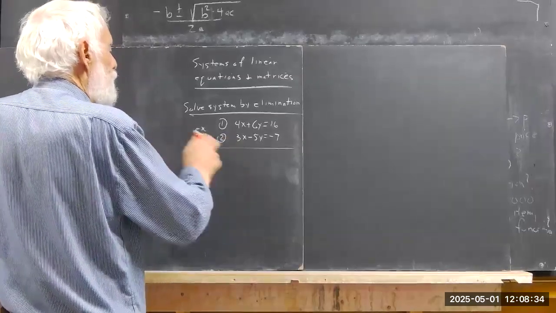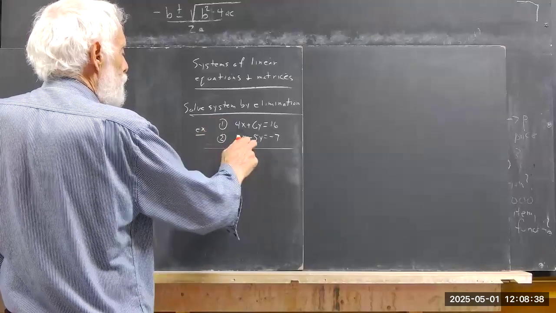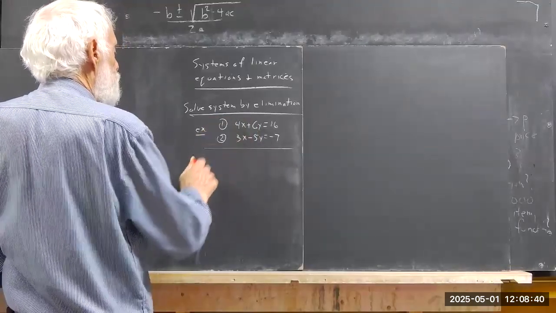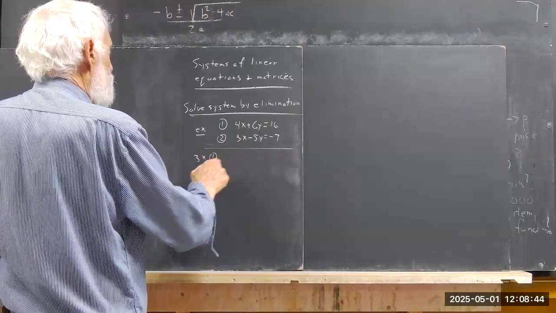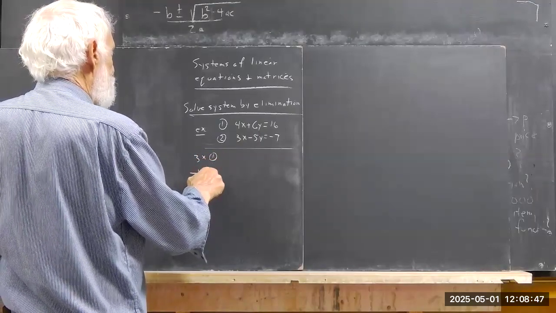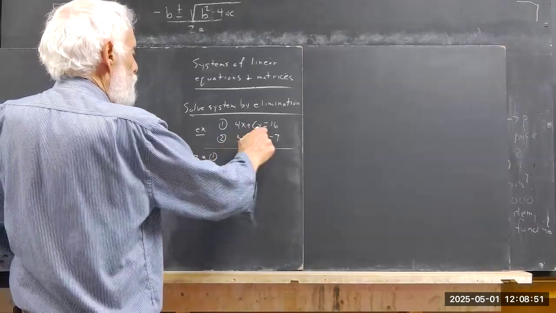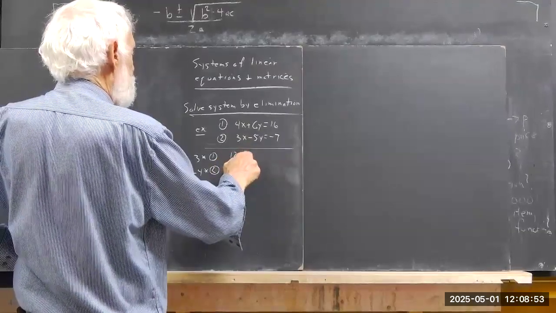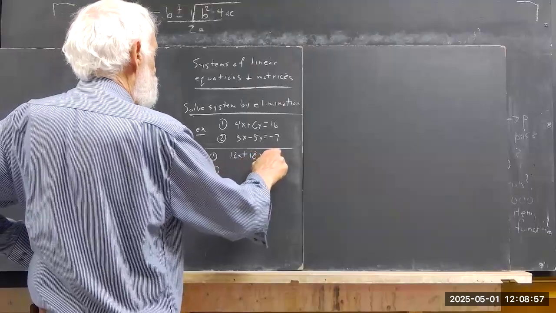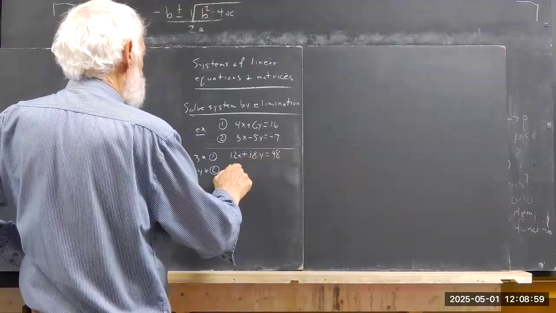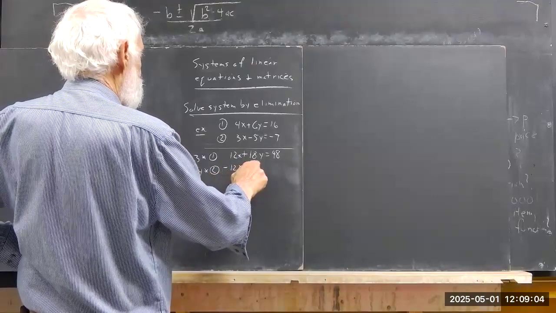I'm going to choose to eliminate X. I could also choose to eliminate Y, but I can use smaller numbers to eliminate X. I multiply equation 1 by 3. I multiply equation 2 by -4, I get this.